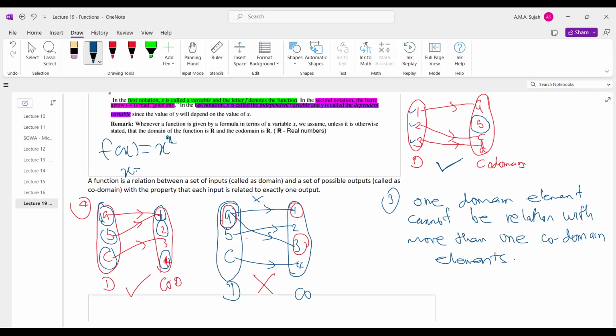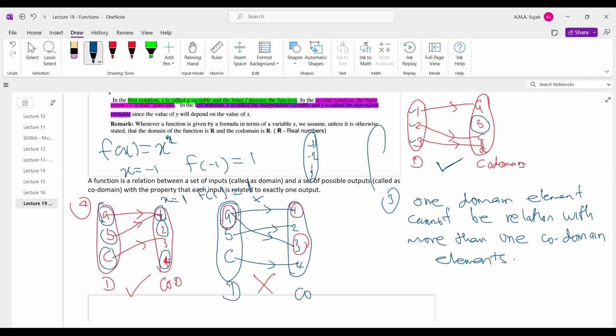If I put x = -1, what is the value of f(-1)? f(-1) is equal to 1. Similarly, if I put x = 1, f(1) is equal to 1. Just imagine, in my domain -1 is there, -2 is there, then 1 is there, 2 is there.